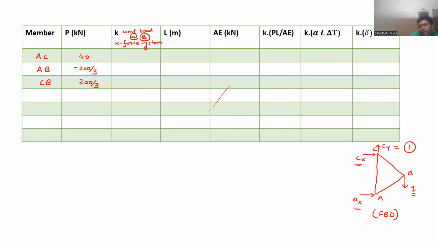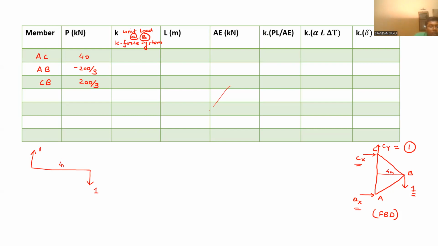So this you can see like this. Just I am doing it here. This Cy of 1 is acting here, and this external unit load is acting here, and the distance between them is this length. This is 4 meter.